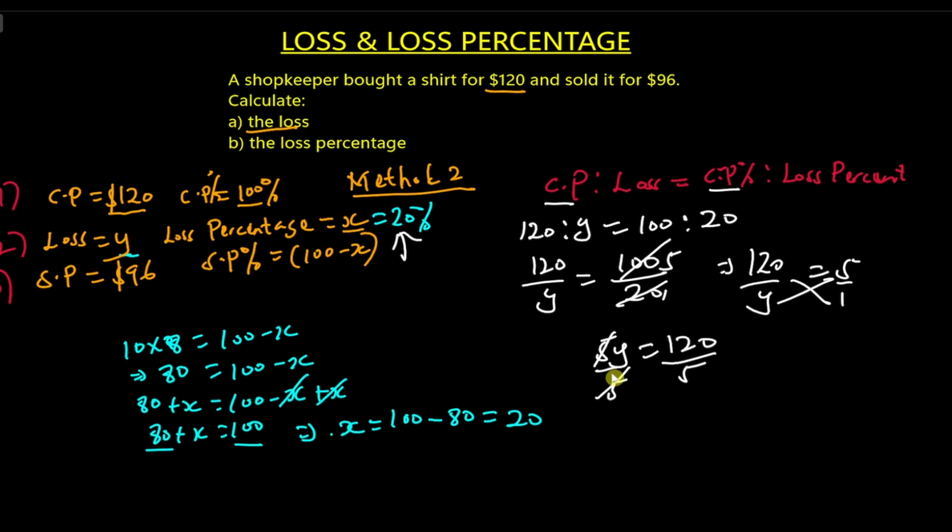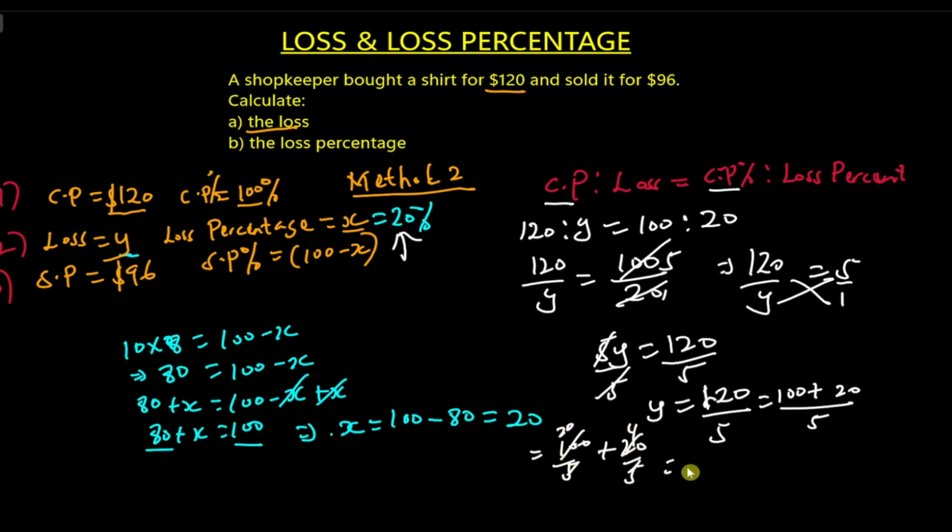Now 5 cancels 5, so over here we have y is equal to 120 over 5, and 120 over 5 is the same as 100 plus 20 over 5, that is 100 over 5 plus 20 over 5. So over here is 20, and then over here is 4. So 20 plus 4 is 24. Now the y is 24.